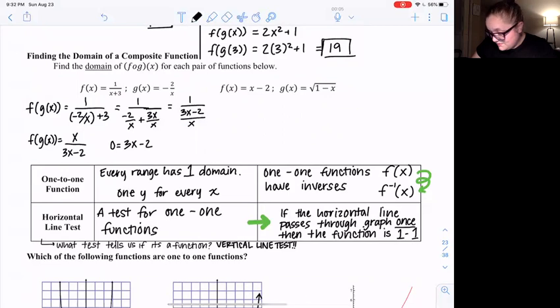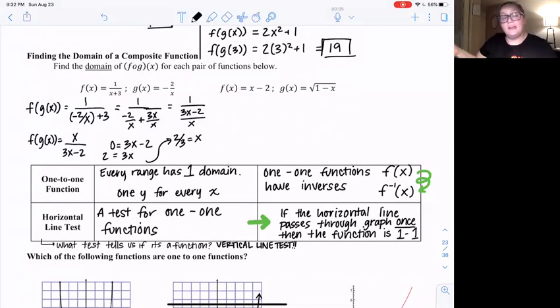So you're going to add 2 over. So you have 2 is equal to 3x. Oh, so it looks like, bring this over here, 2/3 is equal to x. So this is going to have an asymptote at 2/3.